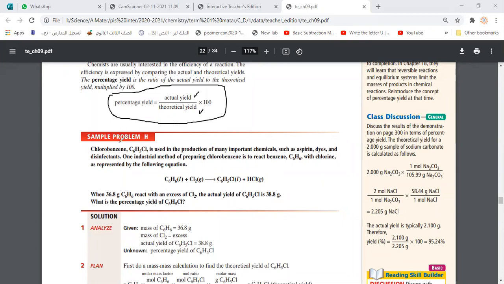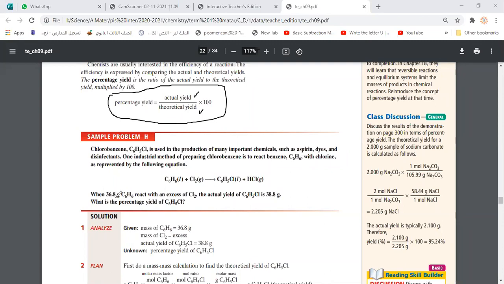Let's start with this one, problem H. It says chlorobenzene, C6H5Cl, is used in the production of many important chemicals such as aspirin, dyes and disinfectants. One industrial method of preparing chlorobenzene is to react benzene, C6H6, with chlorine, as represented in the following chemical equation. You get the equation here.